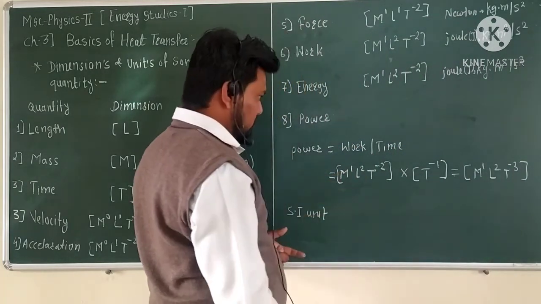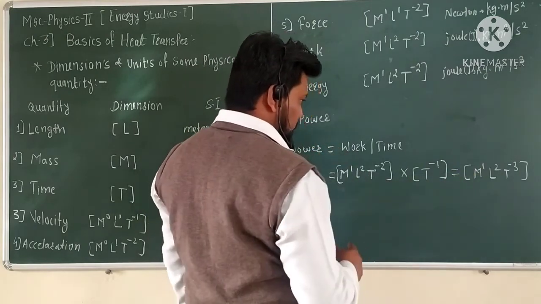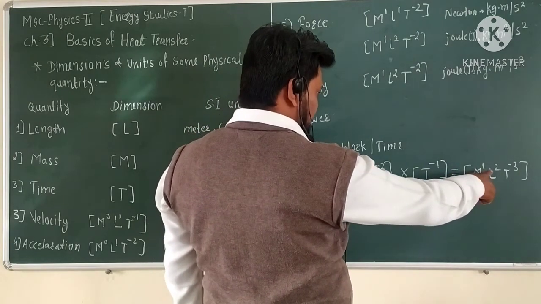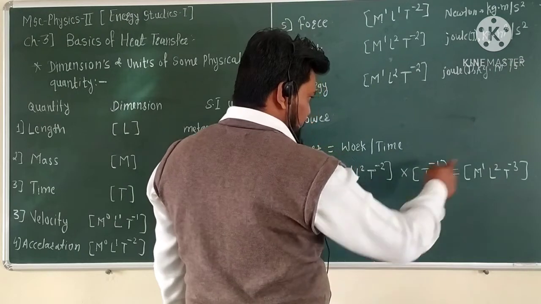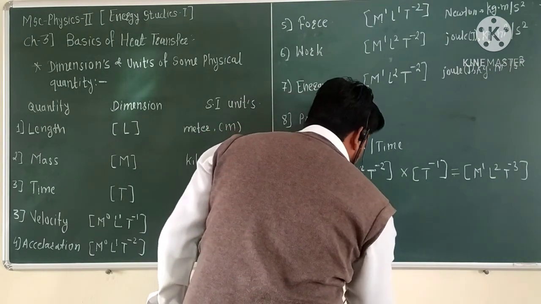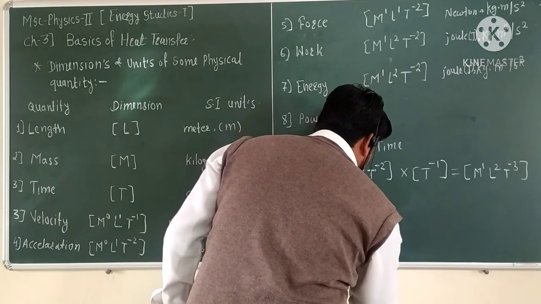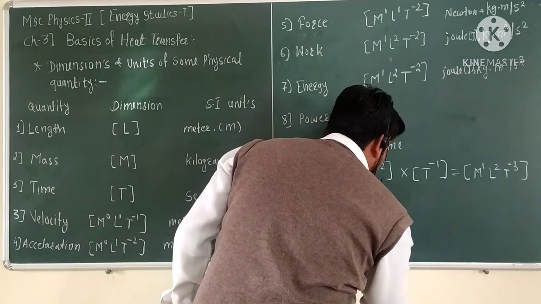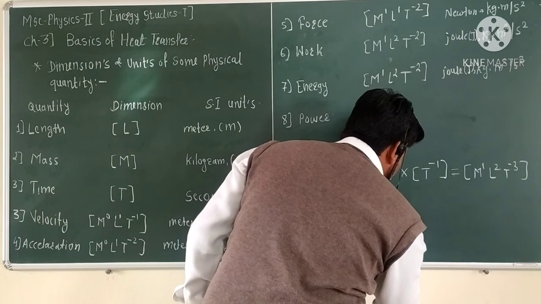If we write the SI unit for M^1 L^2 T^-3, it is kg into meter square per second cube.